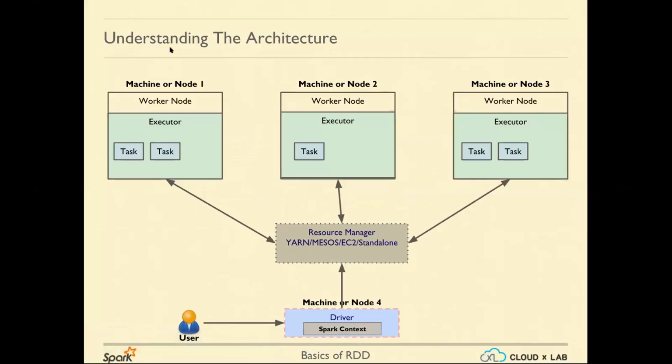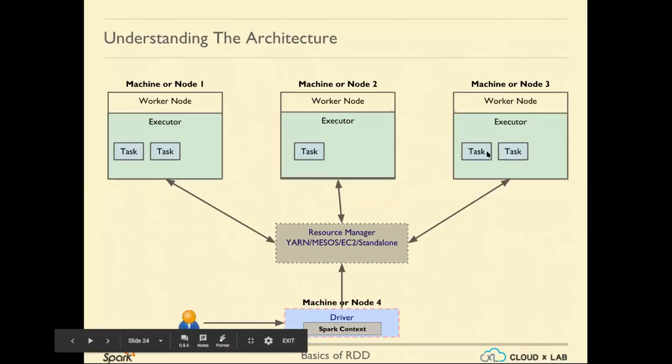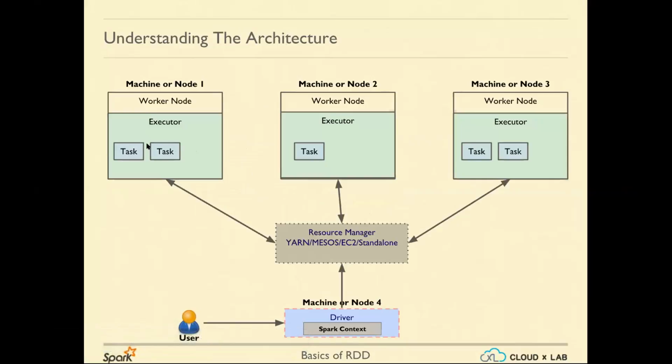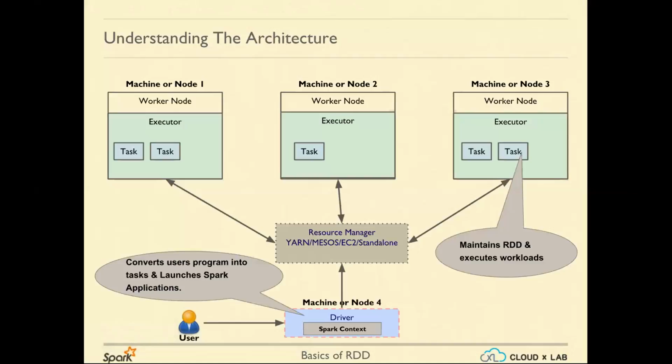Your code will be sent to all the machines where the code is going to run on the data. So the task takes on the duty of maintaining the cache of the RDD and executes the workload. And the driver converts the user program into tasks and launches Spark applications.